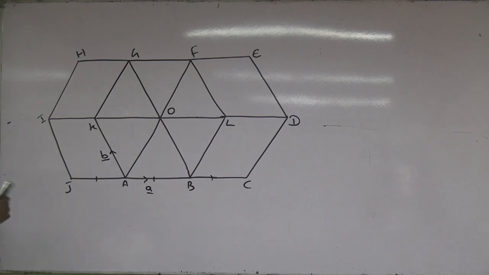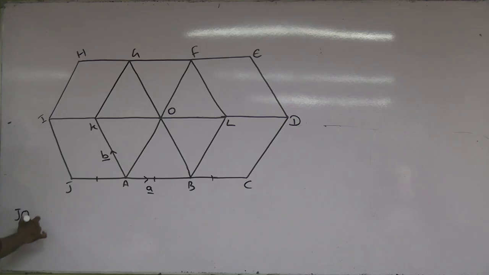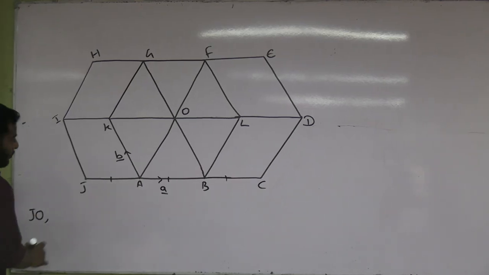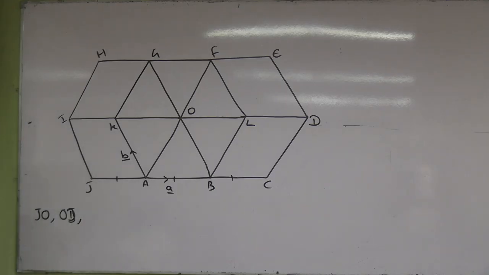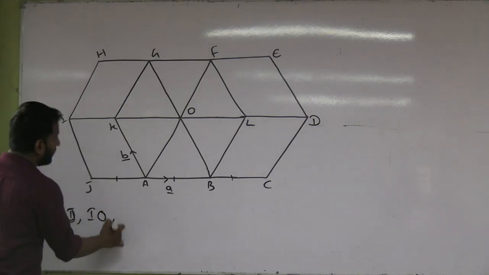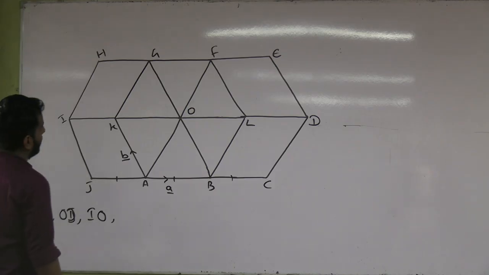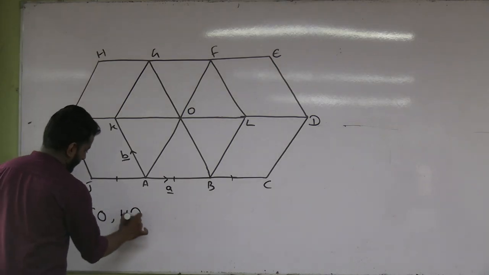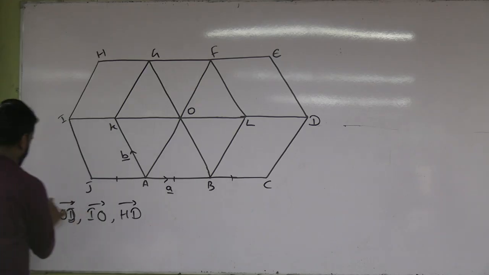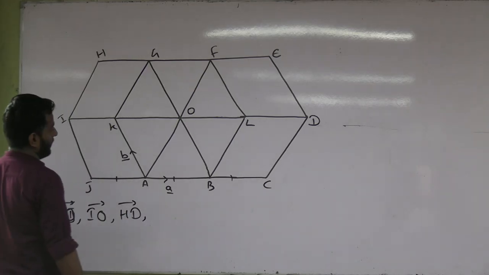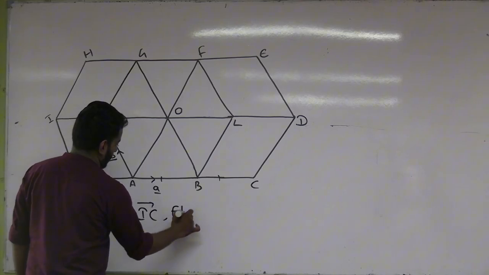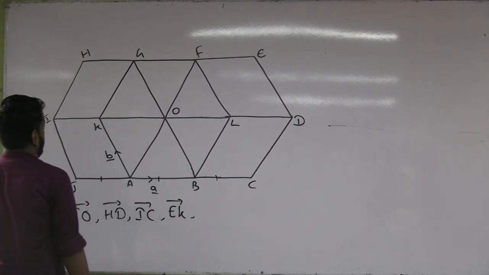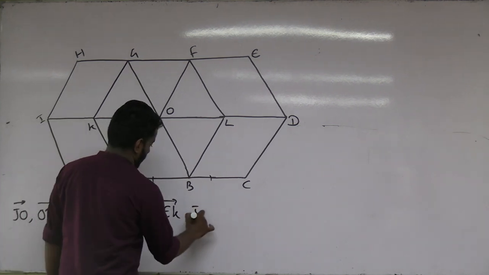And we are supposed to find these vectors: JO and OD, IO, HD, IC, EK, JD.